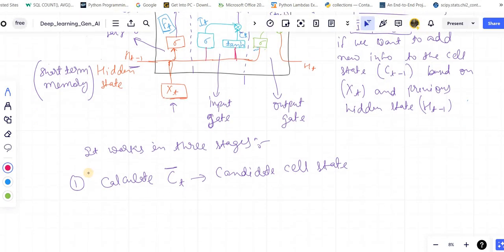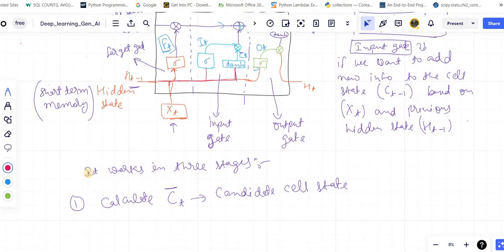So this Ct will get calculated based on the current input here and the previous hidden state, because this value which is coming here is the combination of your current input and the previous hidden state, right? And we try to find the candidate value to add in the cell state.